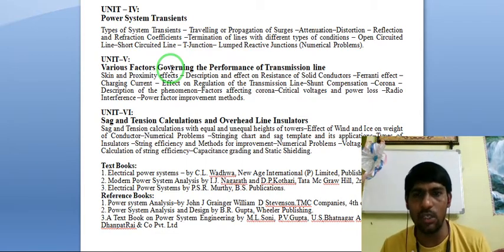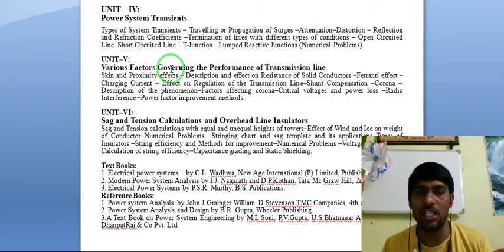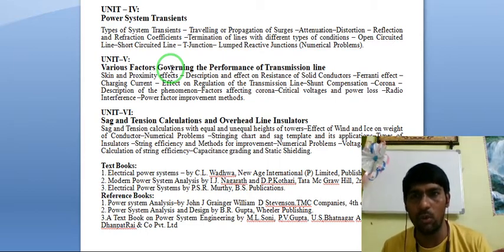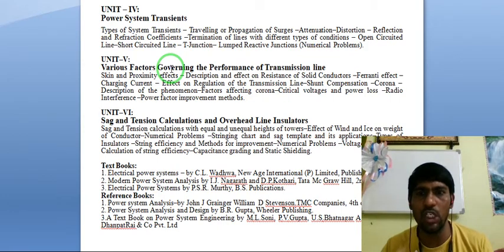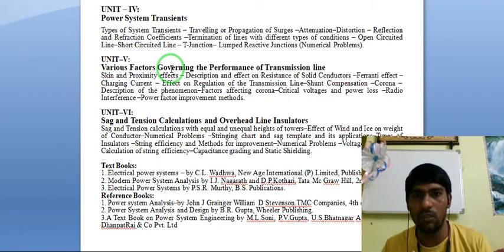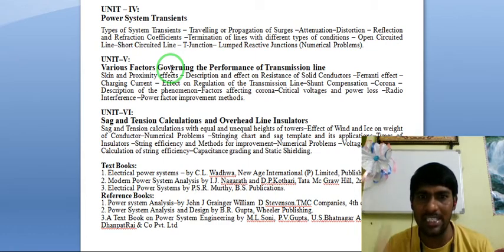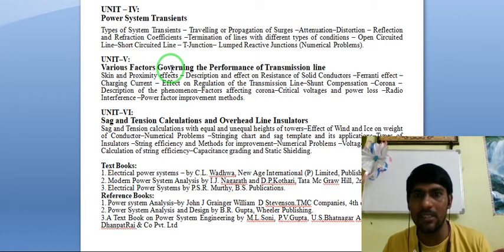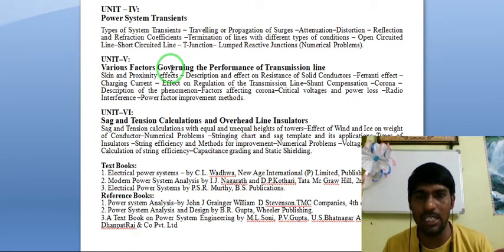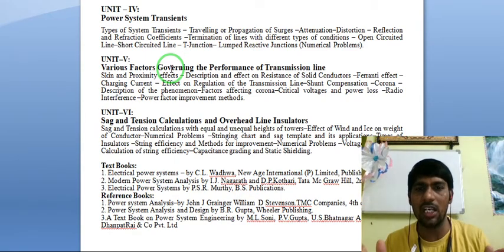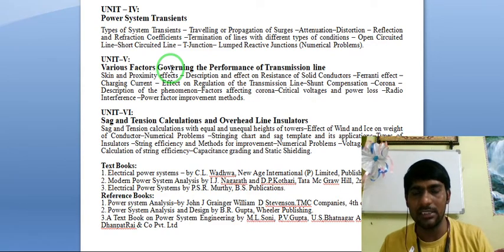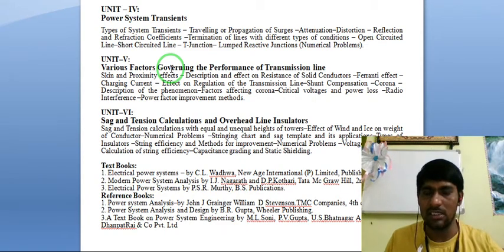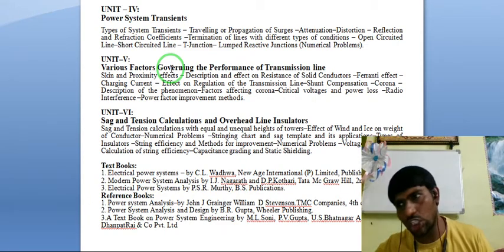Our ultimate goal is how the performance of the transmission line is improved. What are the parameters which we are going to consider for improving the performance of the transmission line? What are the things which we need to consider before installing the transmission line? That comes under power systems two. We need to focus completely on the transmission line itself. Just forget about generation and forget about distribution.